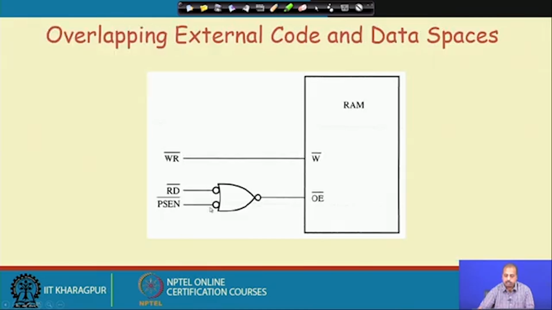So, next we will look into how we can overlap the external code and data spaces. This is very simple. Instead of using a separate EEPROM for storing the program, in many cases we put a single external RAM chip with the microcontroller, and in that RAM chip it acts both as program memory and data memory.